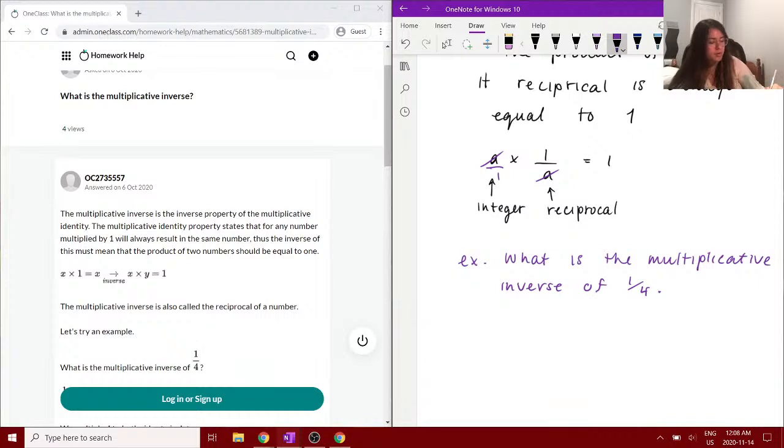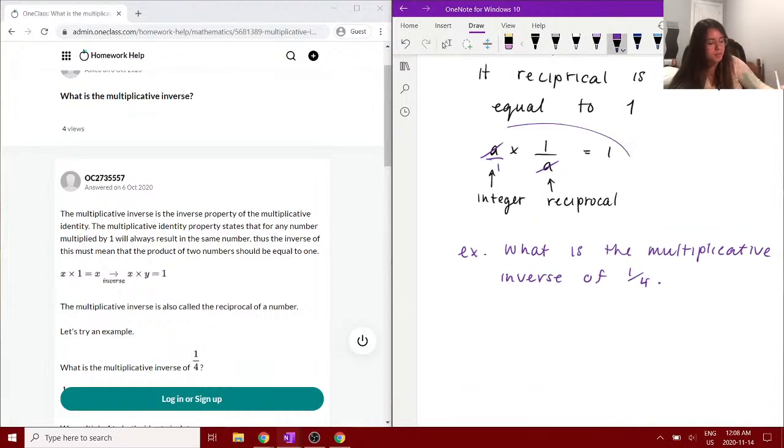So if we're applying what I was talking about up here, I kind of messed it up a little bit with all this extra stuff. But okay, so if we have our 1 over 4, we don't know what the multiplicative inverse, or the reciprocal, is, so I'm going to leave that as a instead of x, because we have the multiplication sign and I don't want you to get confused.